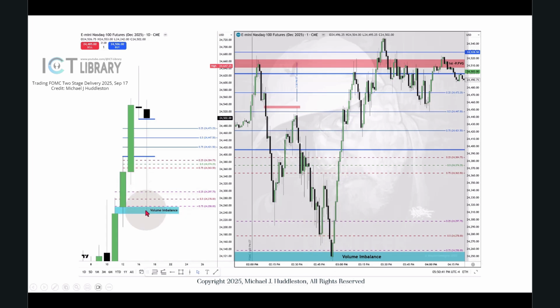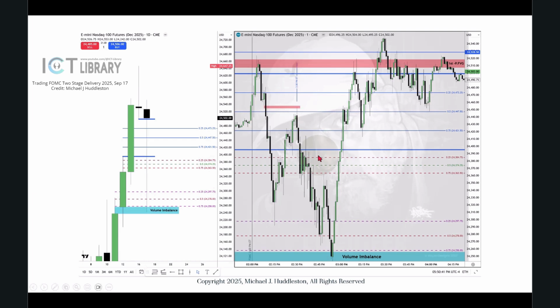So once it dropped down to the volume imbalance on the daily chart here, then it's going to do the second stage of delivery of FOMC. Here's 2:30. Usually there's another wave of price action that begins at 2:30. And whatever the high or the low is, usually it'll run for it.